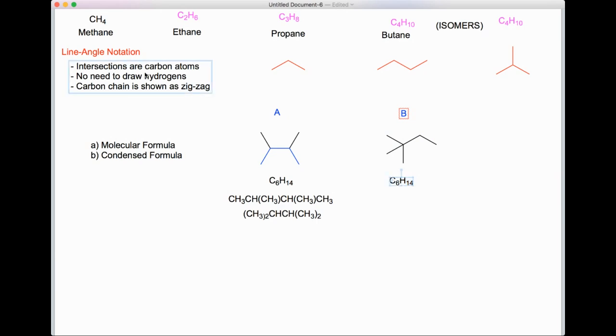Okay. The way to draw the condensed formula would be CH3, and then we can say C, (CH3)2, CH2, CH3. Or in many textbooks, you'll find another option could be (CH3)3.